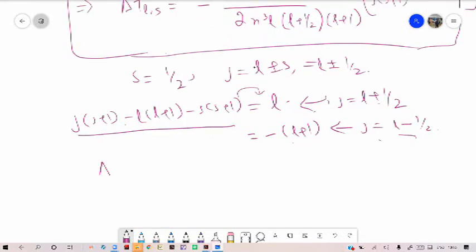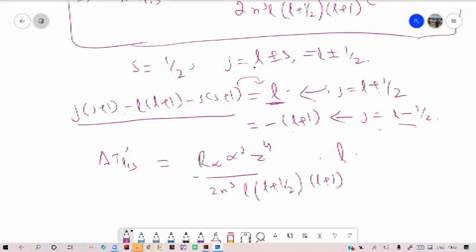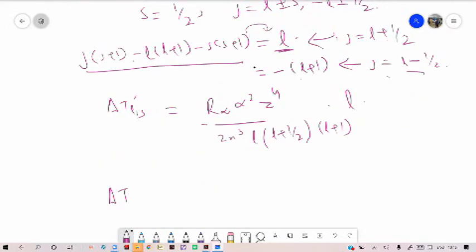And delta T LS for J equal to L plus half, I write it as delta T dash for L plus half. It is equal to R infinity alpha square Z^4 divided by 2n cube, there is minus L into L. For L minus half, delta T I will write as double dash L comma S. This is J equal to L plus half, this is J equal to L minus half.